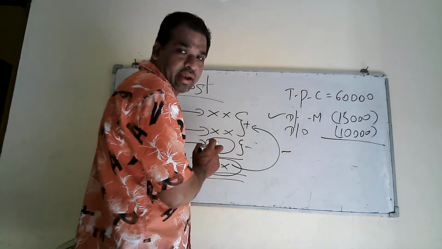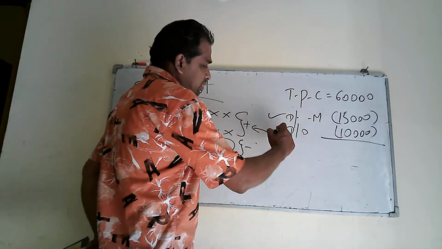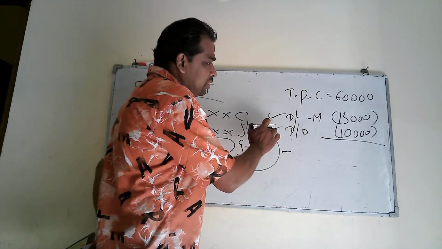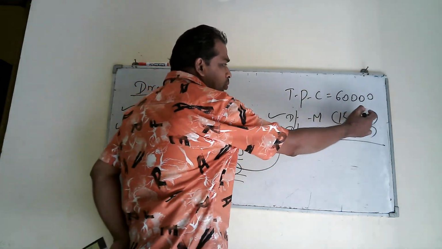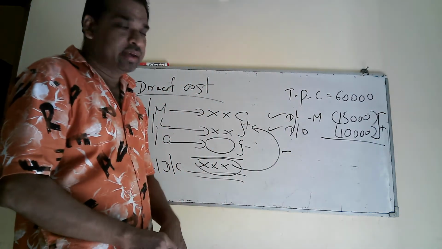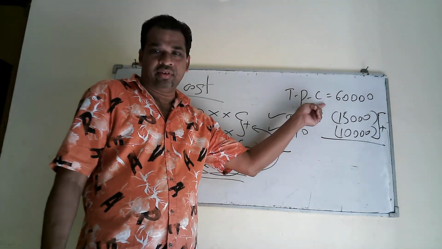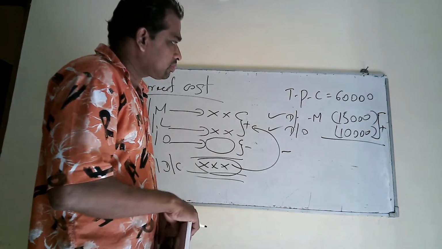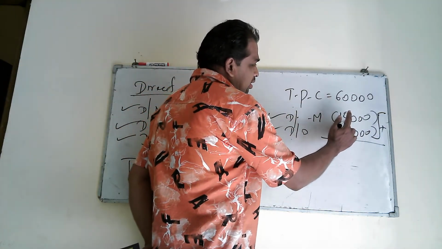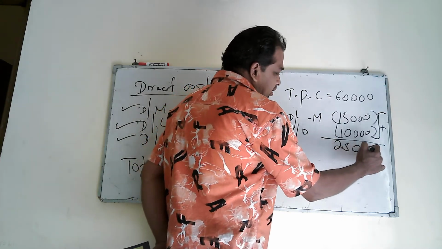This comes under direct cost, it is in prime cost. Direct other cost also comes under prime cost. Therefore, the addition of these two should be deducted from the total production cost. Then 35,000, then 25,000.